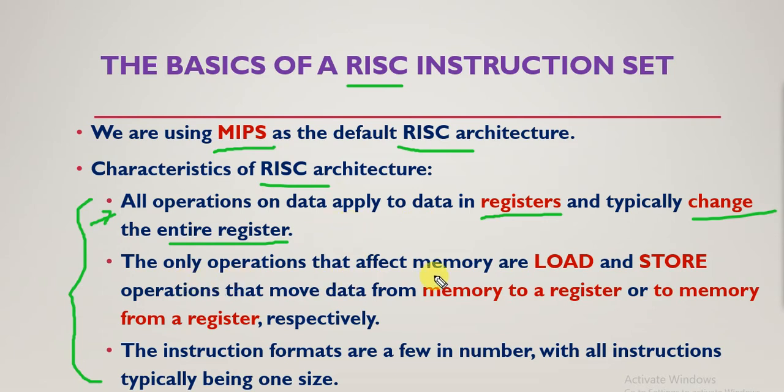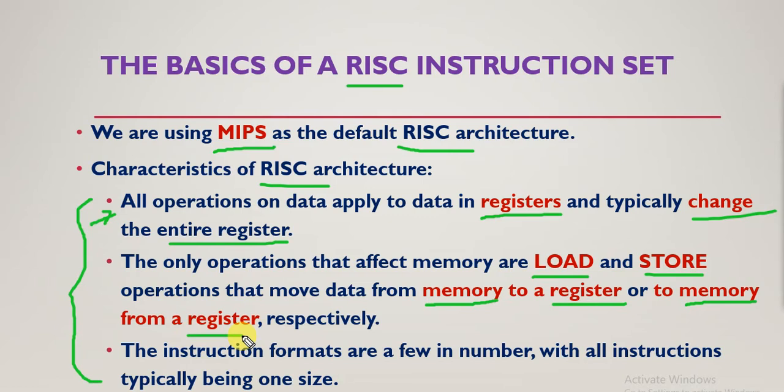The only operations that affect the memory are the load and store instructions. Load is used for taking the data from memory to register, and store is used for moving the data from register to memory.